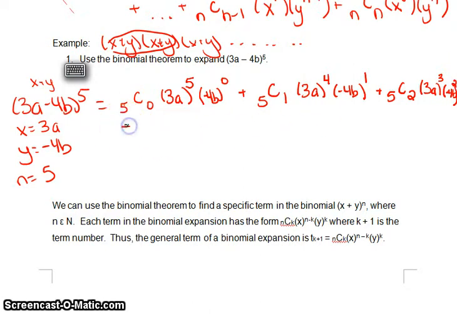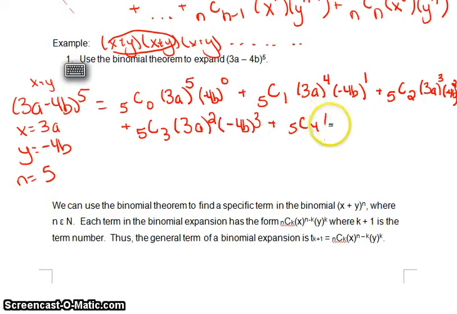Then we're going to add 5 choose 3, times 3a to the power of 2, so it's going to decrease by 1, times negative 4b, and we're going to increase this one, so it'll be cubed, plus 5 choose 4, times 3a to the power of 1, times negative 4b to the power of 4.